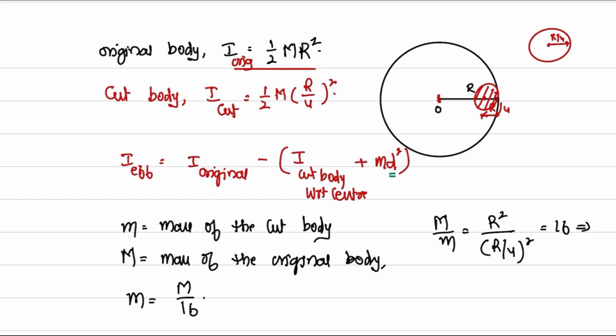Because we have cut a portion from a circular disc, it is not a sphere, it is a circular disc.